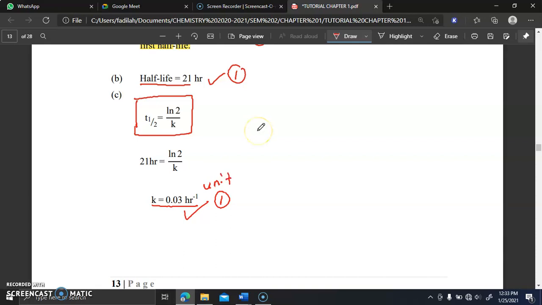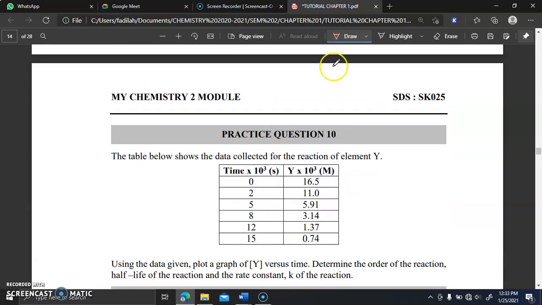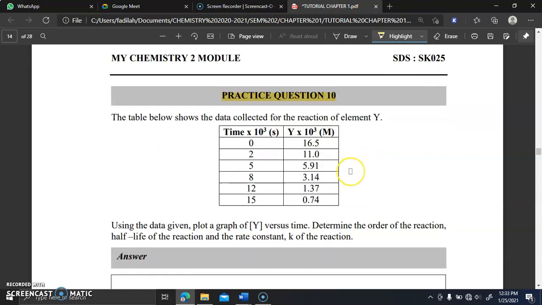Right? Okay, so I want you to do practice question 10. The table shows the data for the reaction of element Y. So here you have time. This time is in the value of exponent 3. This is also concentration of Y, with exponent negative 3 molar.